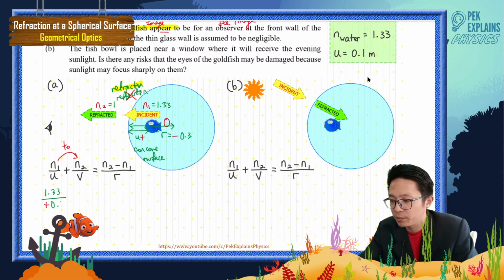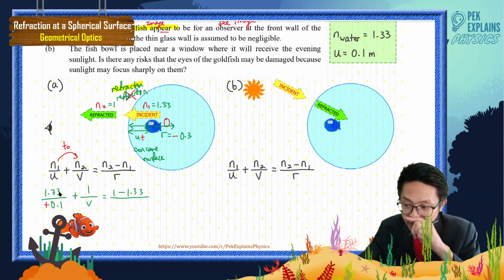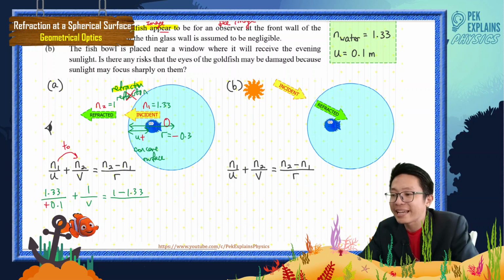Again 0.1 plus N2 is 1, because it is going from water to the air. And then V is what we want to find, equal to N2 minus N1, air minus the water, because it's going from water to air. My R is negative, R is 0.3.